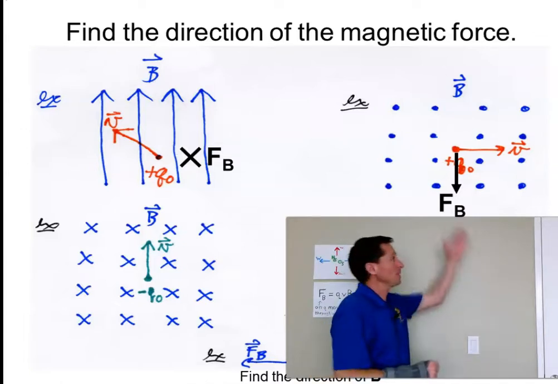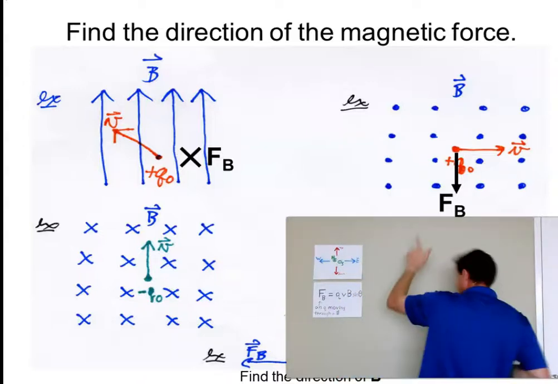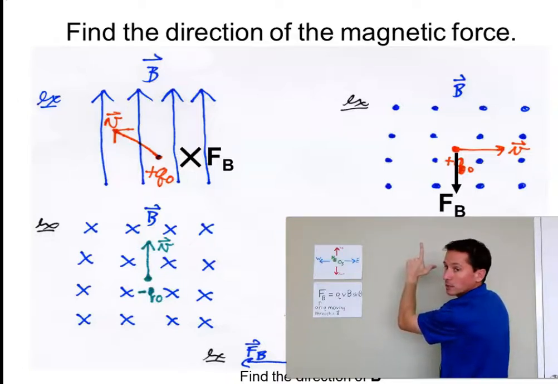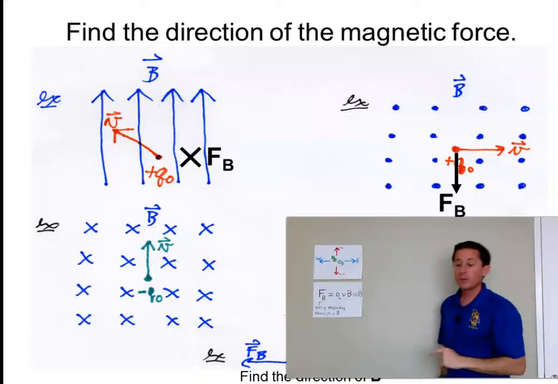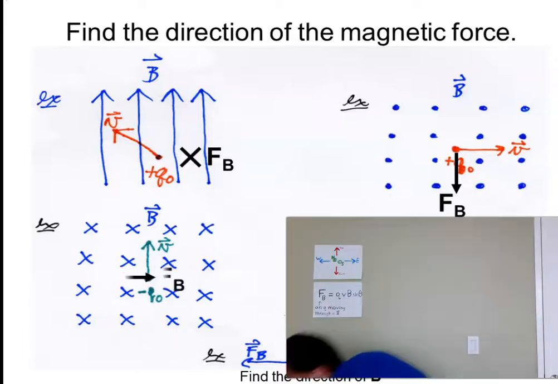My V, my fingers straight up. My magnetic field needs to point away from me when I bend my fingers, so turn them around till they're like this. The magnetic field is into the page, and my force is to the right. Okay, V is up, B is away from us, force is to the right.